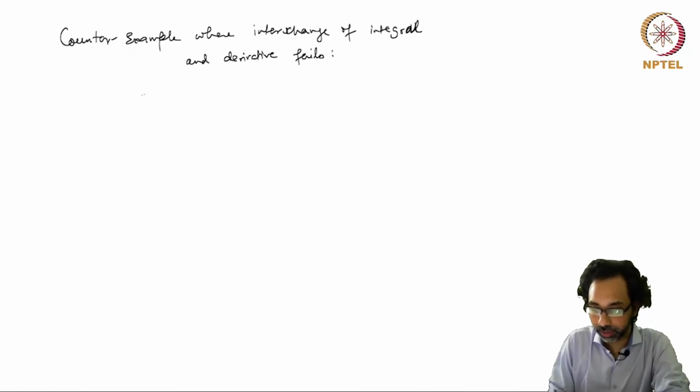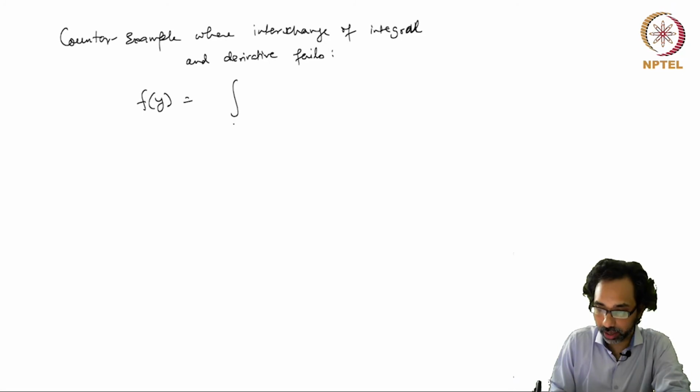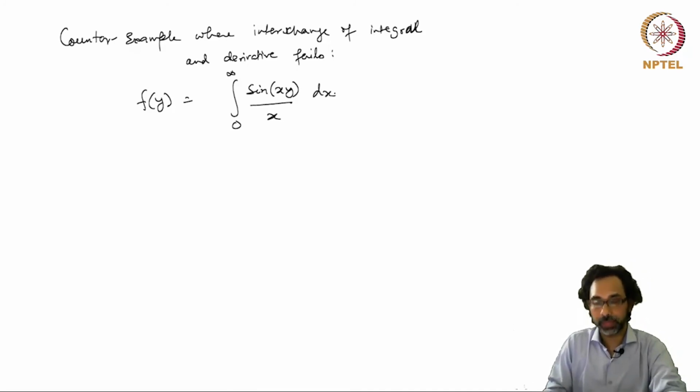A standard example is this function f(y) given by the integral from 0 to infinity of sin(xy)/x dx. Note that we are integrating over x, and so we are left with a function of y.